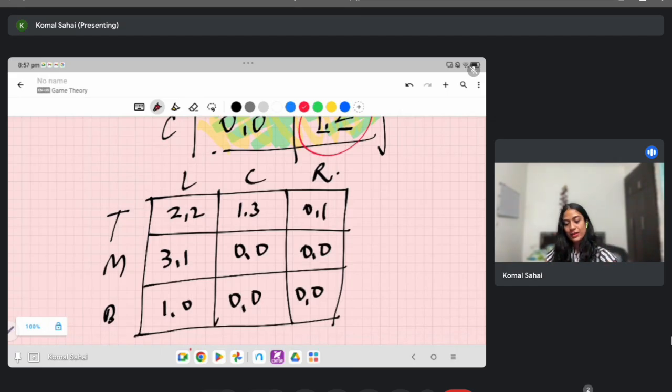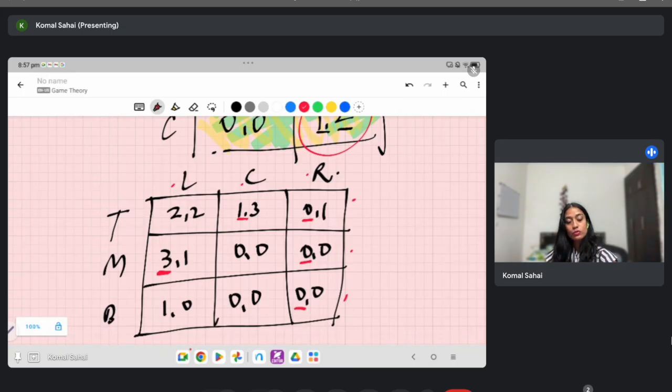From player 1's perspective, if player 2 is going to choose L, the best is to go with M. If player 2 is going to go with C, the best is to go with T. If player 2 is going to go with R, there's no best. So in this case, the best response function is not a singleton set. All three of them are giving equal payoff, right?